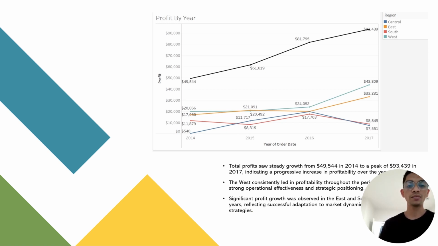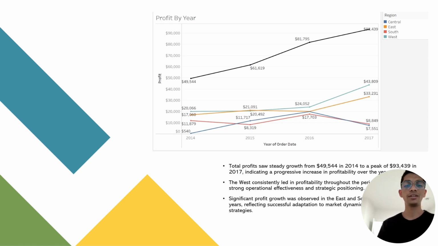In 2016, the West continued to lead in profitability at $24,051 with a total profit of $81,795. In 2017, the profit reached a peak of $93,439, exhibiting outstanding stability and growth with $43,809 in profitability.